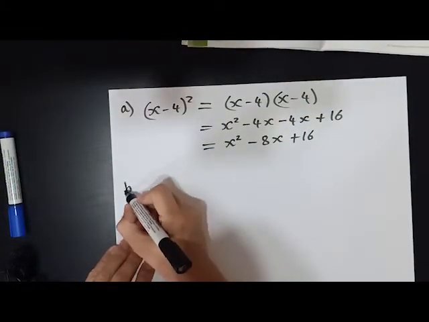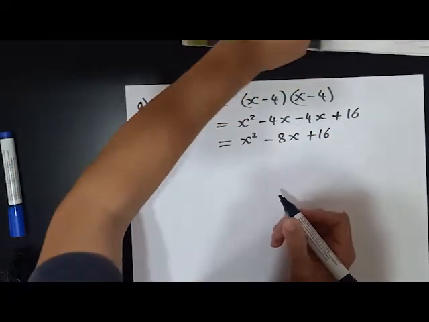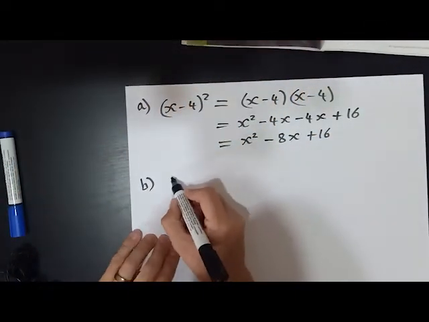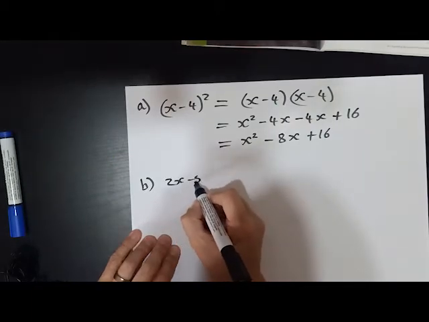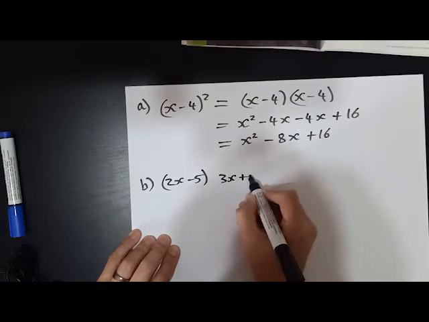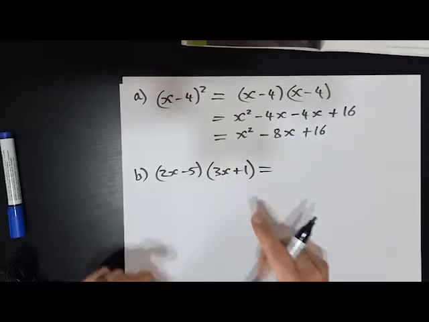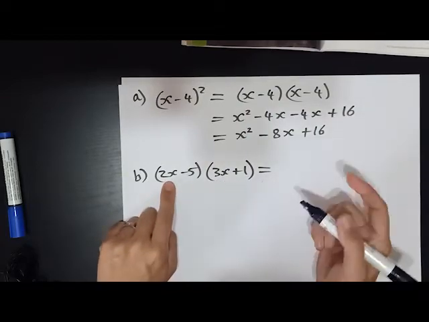Example B. 2x minus 5, 3x plus 1. Okay, so we've got some numbers in front of the x. We have coefficients of x in this one.